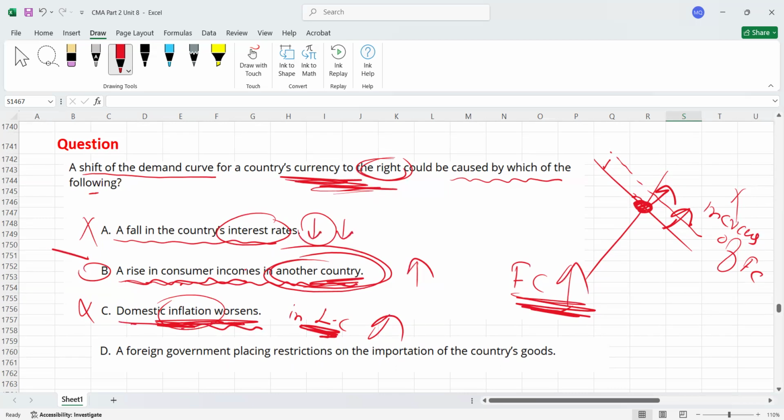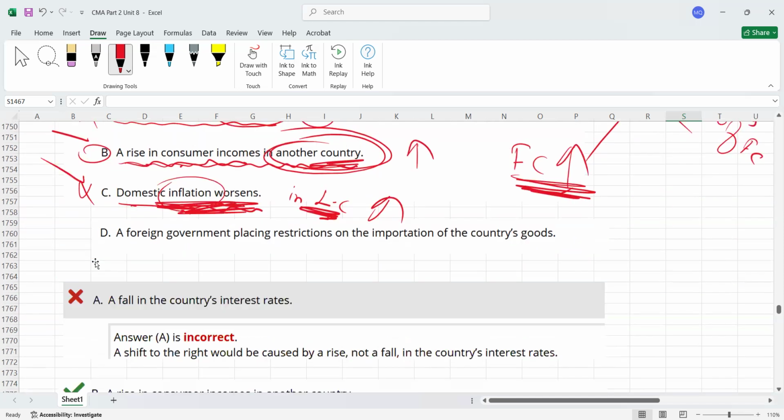Other people don't want to buy expensive products, and if you don't want to buy expensive products, you don't need that currency, right? Obviously demand will go down, not increase. This is the correct explanation. Demand should go down due to this factor, not increase.